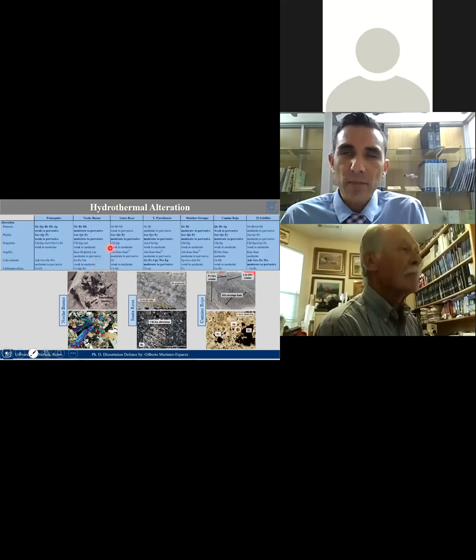At Santa Rosa, the main alteration related with the mineralization is the phyllic alteration, though some potassic, propylitic, argillic, and calc-silicate alteration are present.